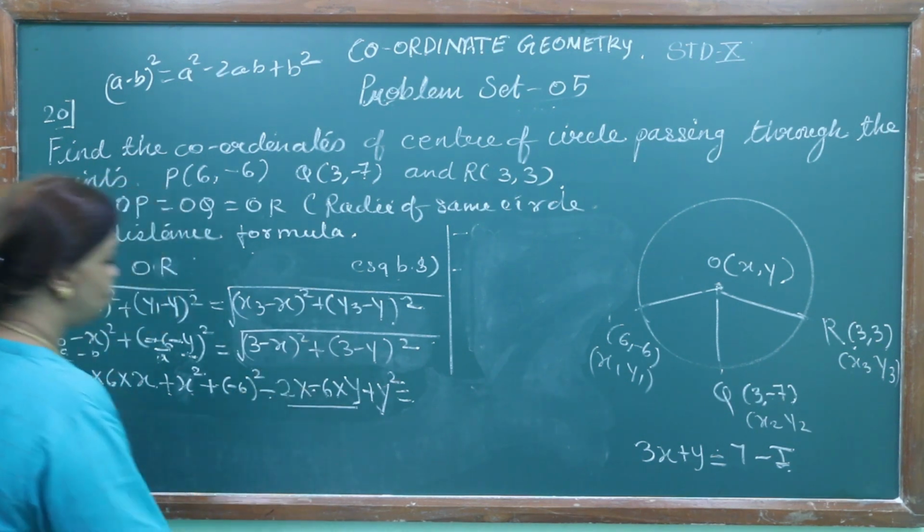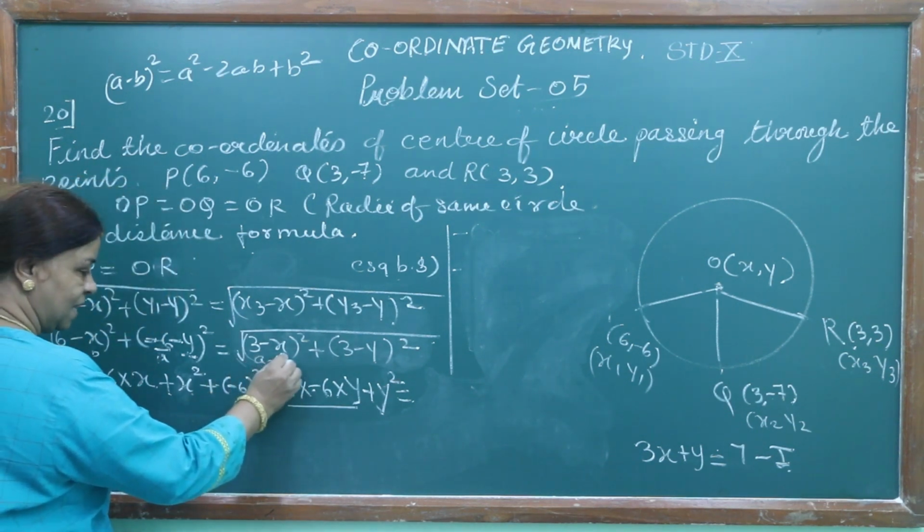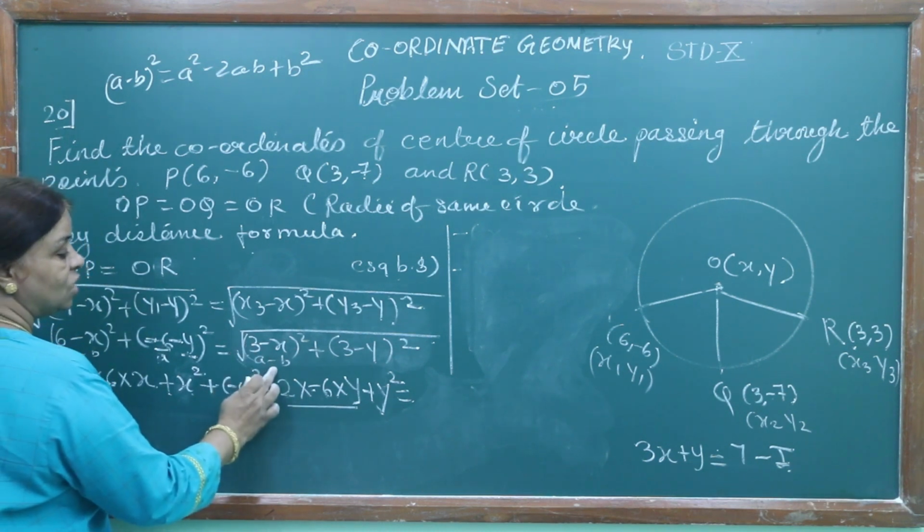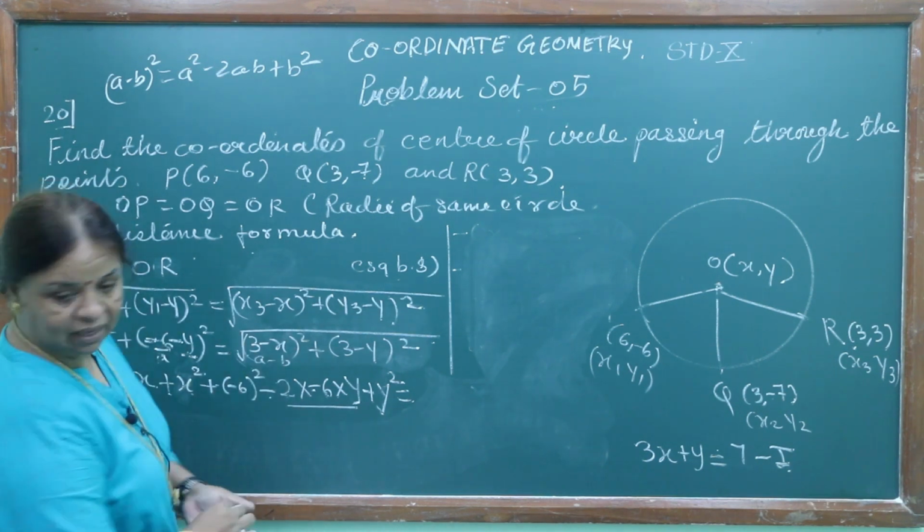Now here also we should use the a minus b whole square formula, a square minus 2ab. So what am I getting?